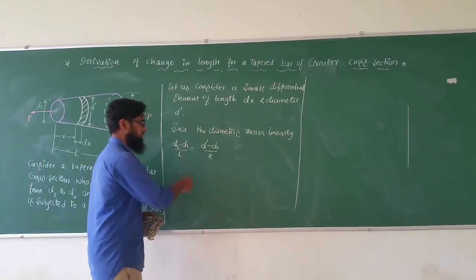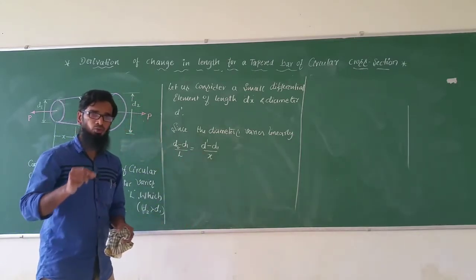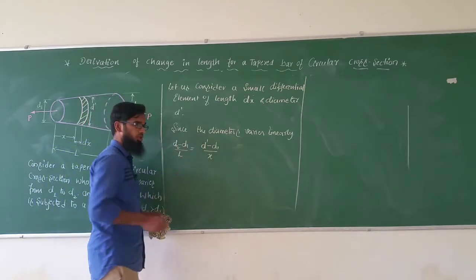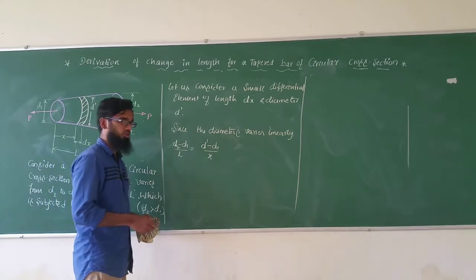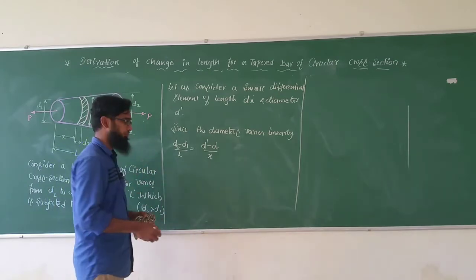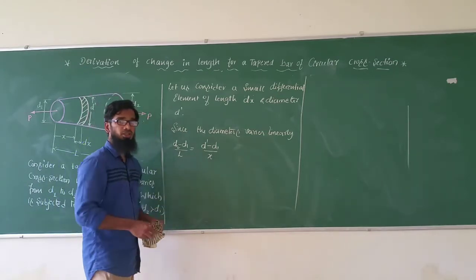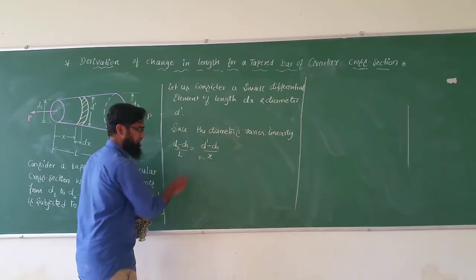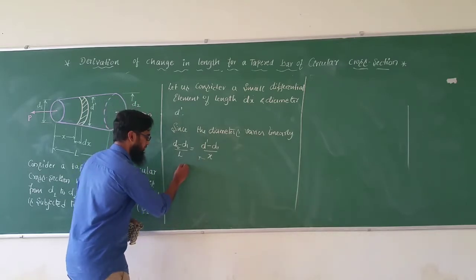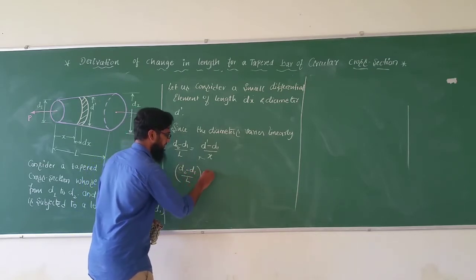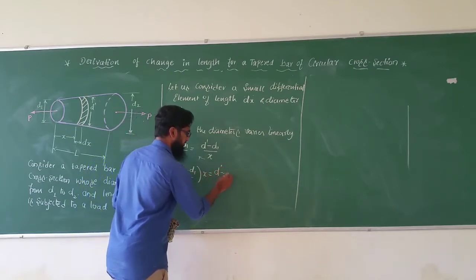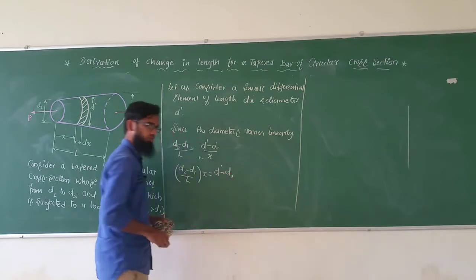From this equation I will find d dash, because I have to find the change in length for the elemental cross section, that is the small differential element. Cross multiplying, d2 minus d1 by L into x is equal to d dash minus d1.